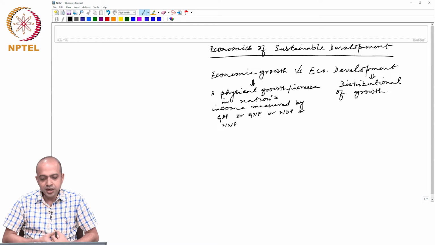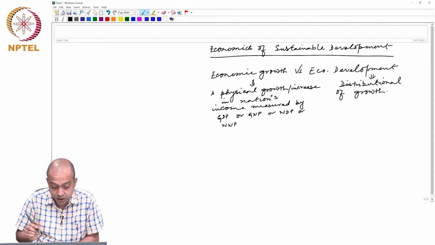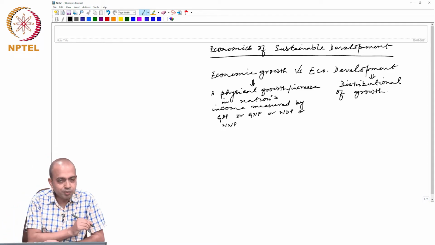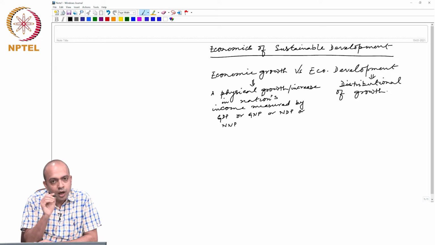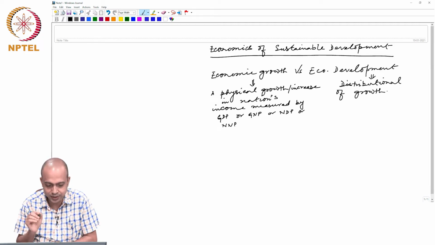Now, when we say income, then another concept we have introduced here, that a physical growth or increase in nation's income, and as we said in our previous class, economists have a specific definition of income, and that is quite different from what we understand as income.